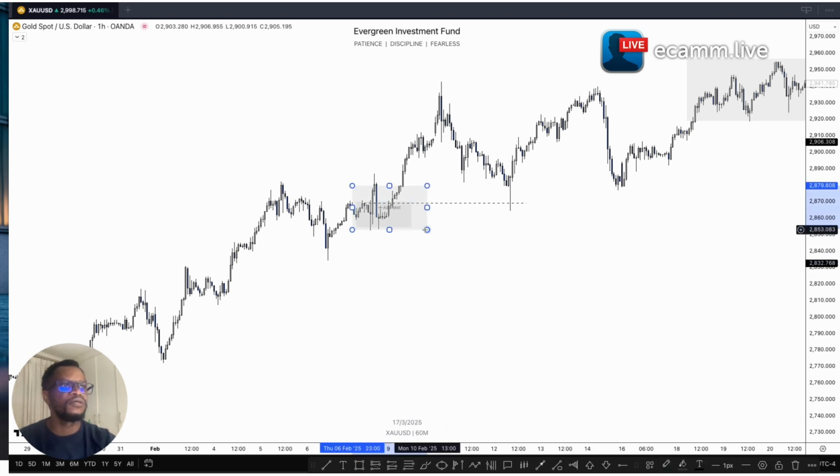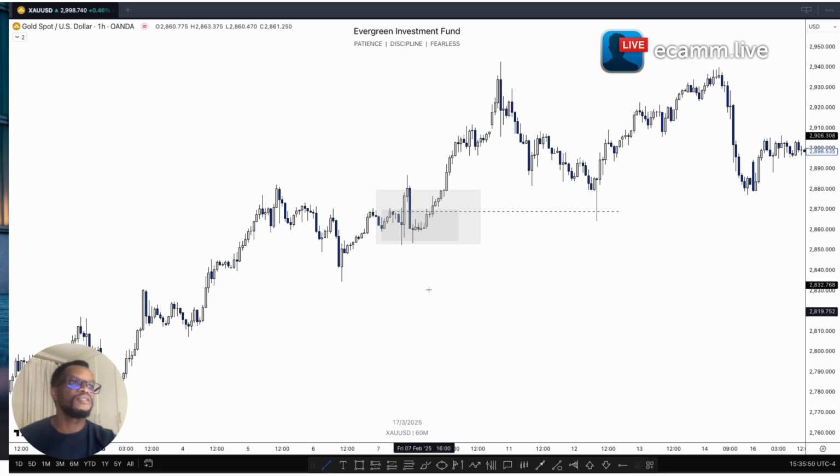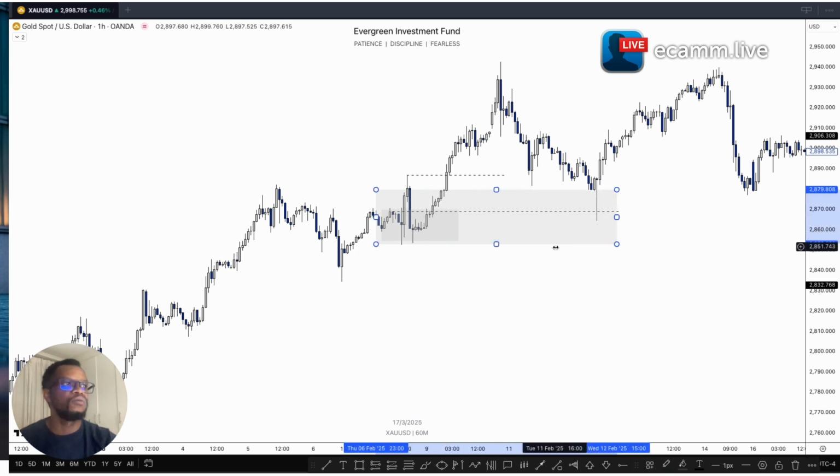This is the supply area. We broke out for a long time, came back, tapped on it again, and we started to move. With support and resistance, we break out here. That's how you can enter the market. Break out here, retest, enter, you go. With supply and demand, you have to wait for it to come mitigate the zone and then move.